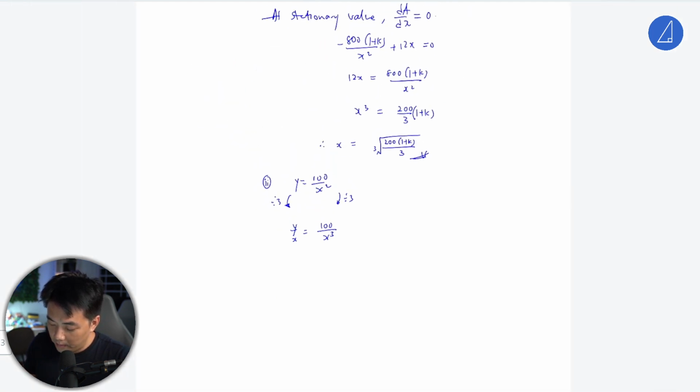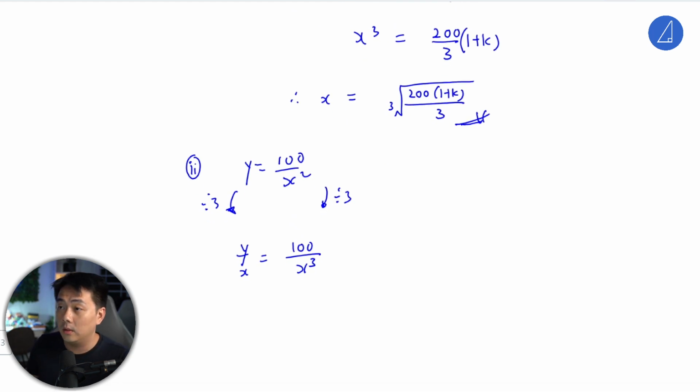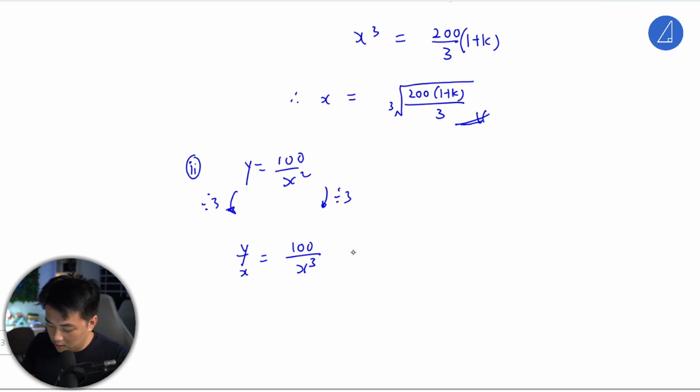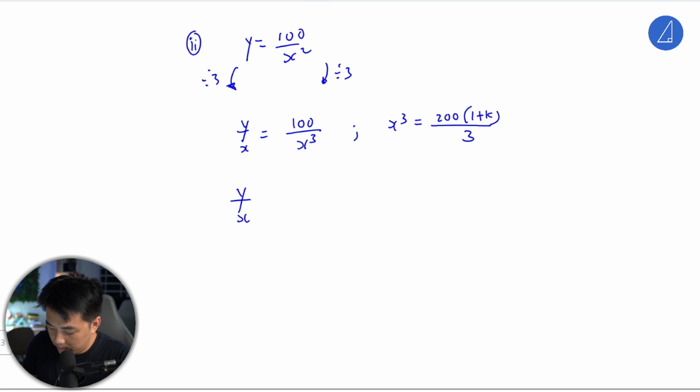From here, x cubed is this value here. We need y over x in terms of k. So we have x cubed equals 200(1 plus k) over 3. Then we'll just replace this in y over x.